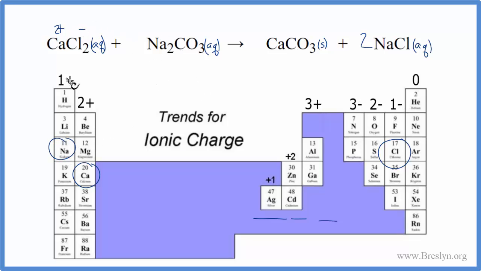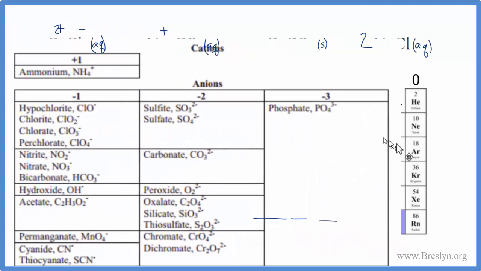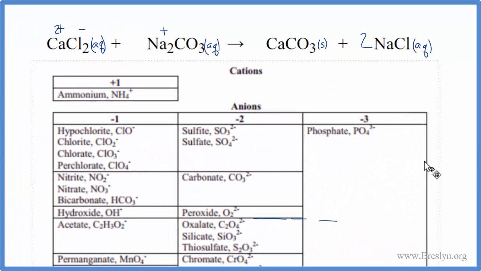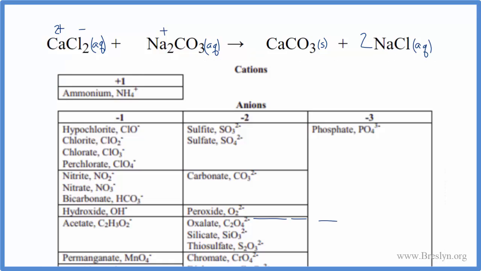Sodium, 1 plus. And then the carbonate ion, CO3, that's a polyatomic ion. You're not going to find that on the periodic table, but we can look that up on a table of common polyatomic ions. Some teachers want you to memorize this. Others, they'll actually let you use it on the test. So check with your teacher. So we're looking for CO3, which is the carbonate ion, and it's 2 minus. So I'll put a 2 minus up here.